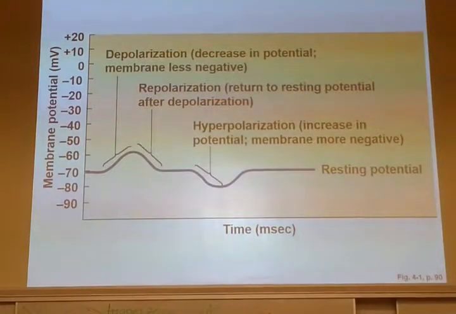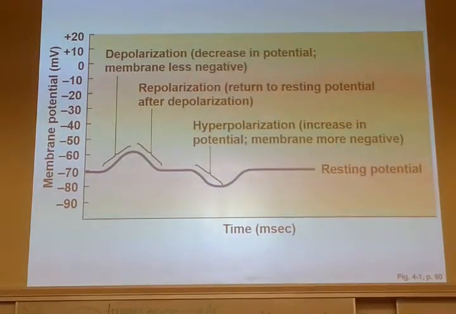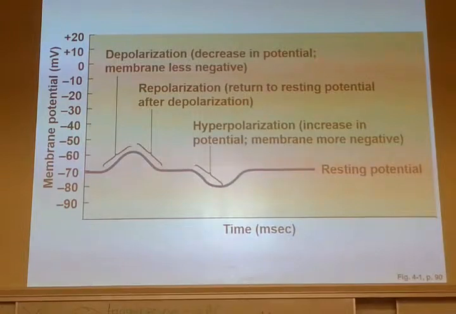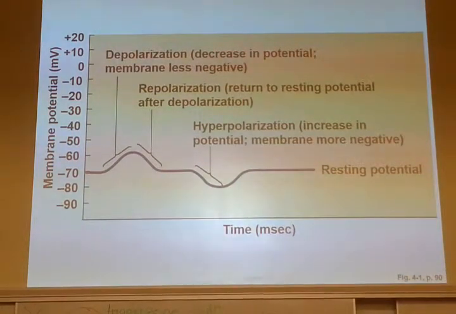If you have more positive than negative, simple math. Get to threshold, you get an action potential. Always going to be the same from the trigger zone all the way down to the end of the neuron. It's going to be regenerated at every point that you have these voltage-gated channels.